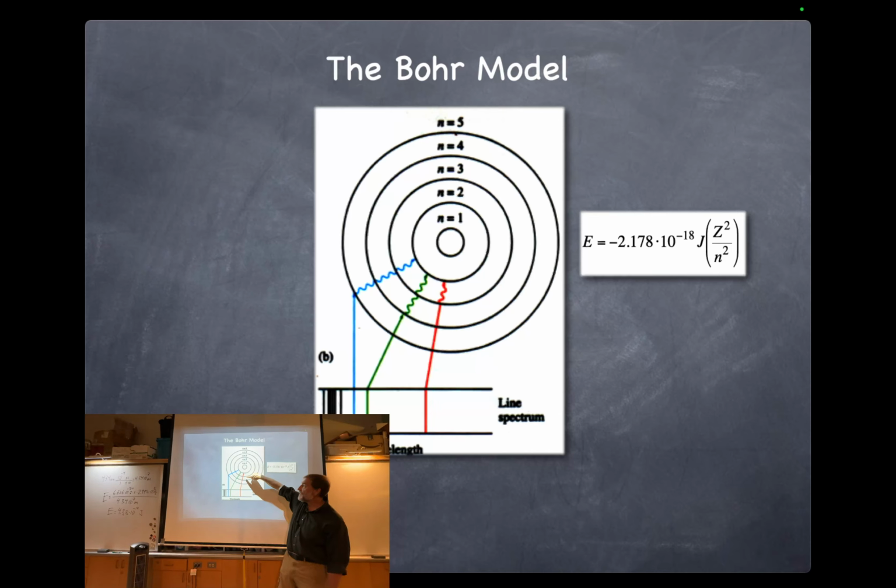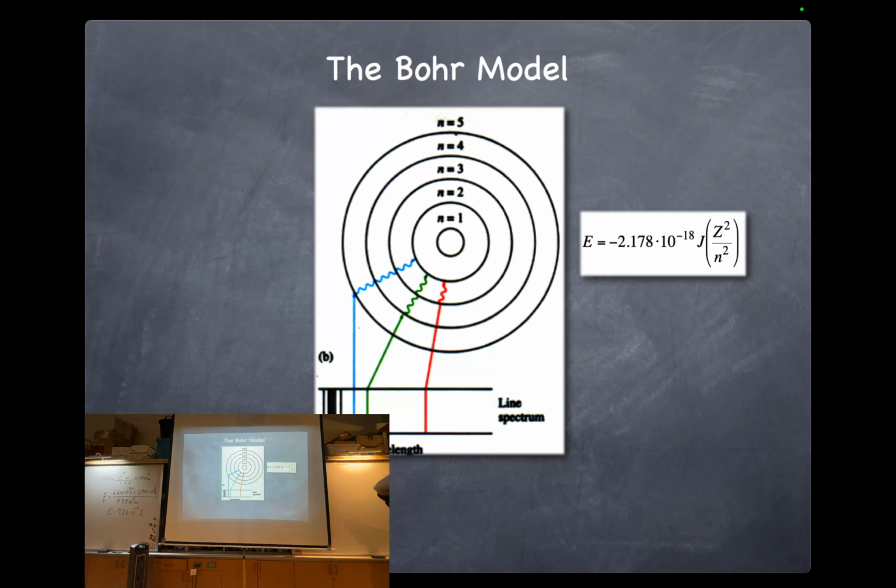So an electron that drops from 3 to 2 gives off a red photon of light. A little more energy to go from 4 to 2, you get a green photon. A little more energy to go from 5 to 2, you get a blue photon. 6 to 2, you get a purple photon.